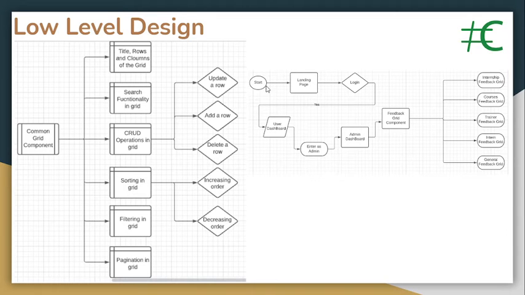First we have a start page, then a landing page, then login, then user dashboard. If it is an admin, he can go to the admin dashboard and to the feedback grid component. Here all the types of grid for feedback, like internship grid, courses grid, trainer, intern, general, are rendered in the feedback grid component or feedback page.